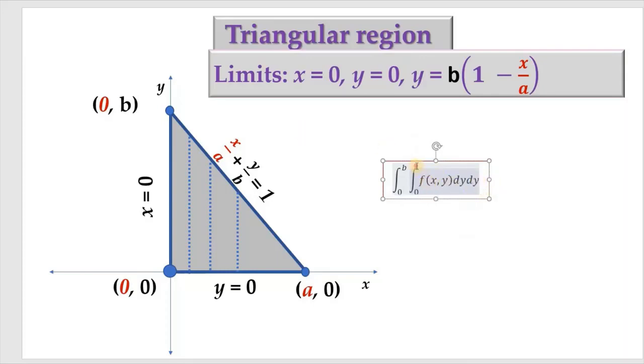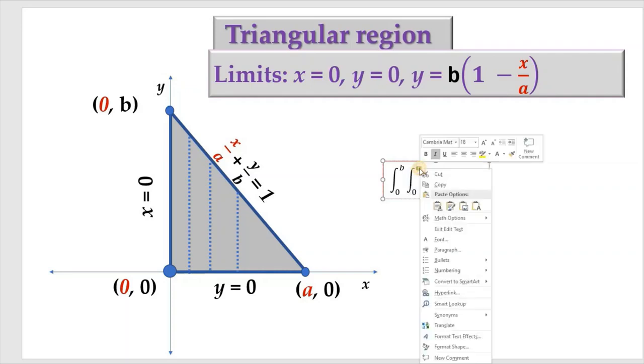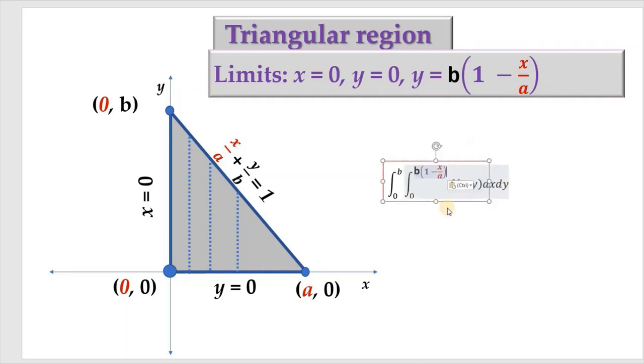So this limit is for your y. So you'll have to integrate first with respect to y, and then, so this y is equal to 0 to b into this.